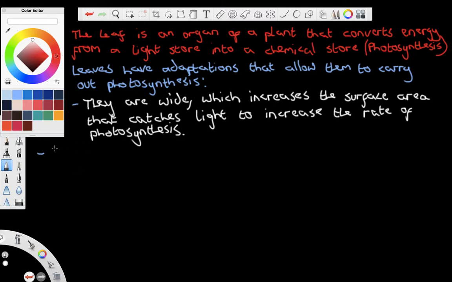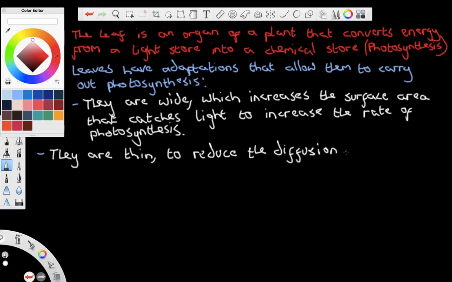They're very, very thin. So they are thin, to reduce the diffusion distance of carbon dioxide into the leaf.